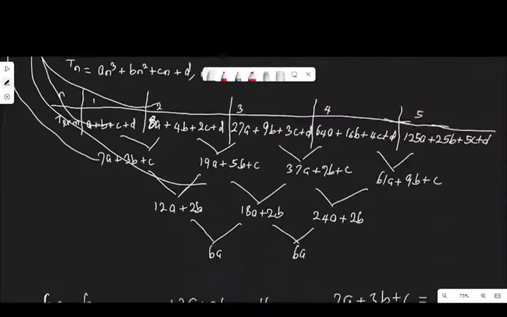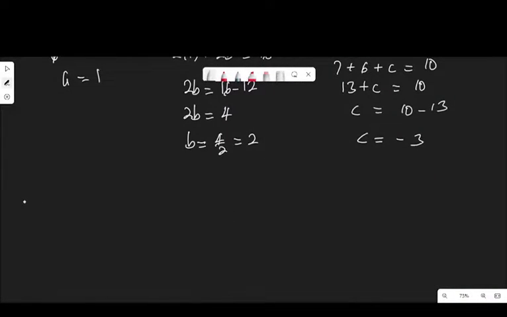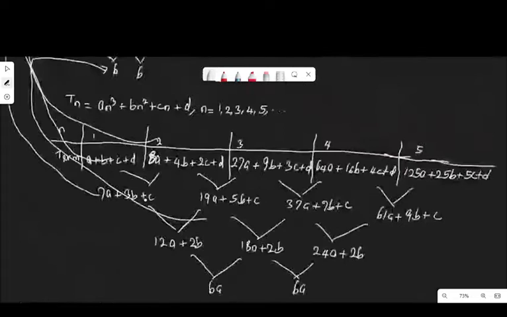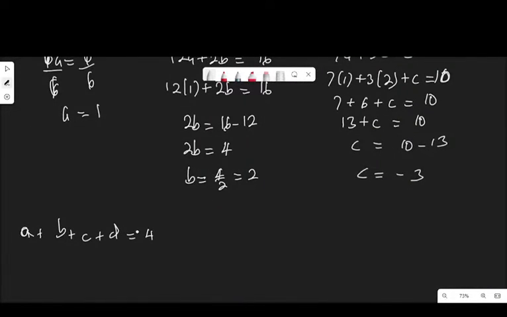So let's take the first one, A plus B plus C plus D is equal to, what is the number there? 4. And what is A?